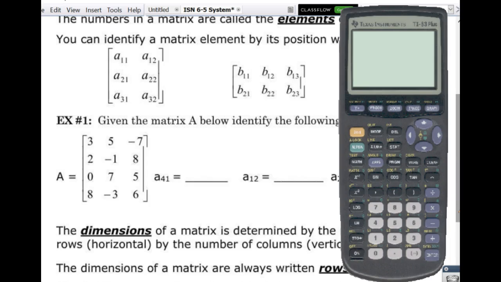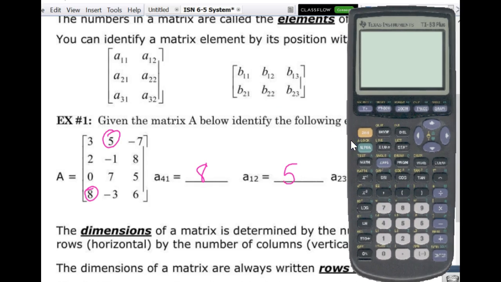So 4th row, first column is 8. A1,2, first row, second column. First row, second column is 5. What's this one? A what? Okay. Second row, third column is 8.